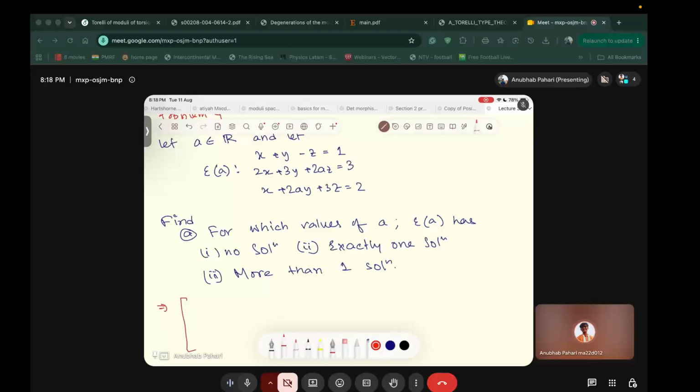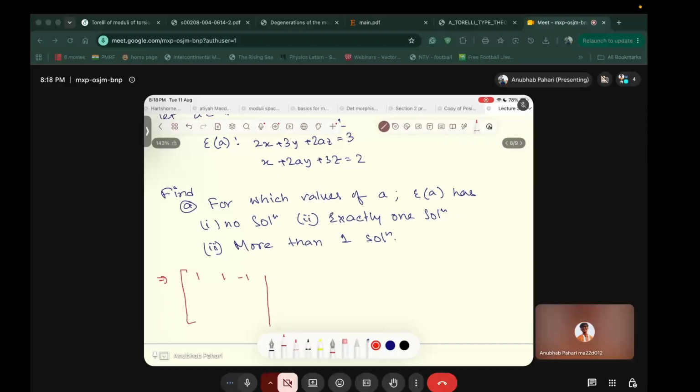So it would be 1 1 minus 1 1, 2 3 2a 3, and 1 2a 3 2.